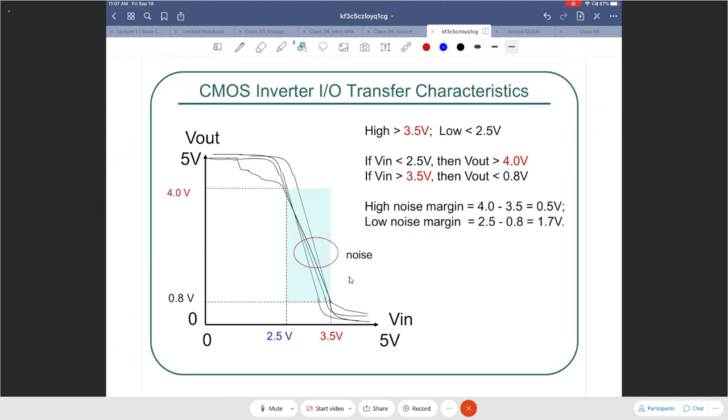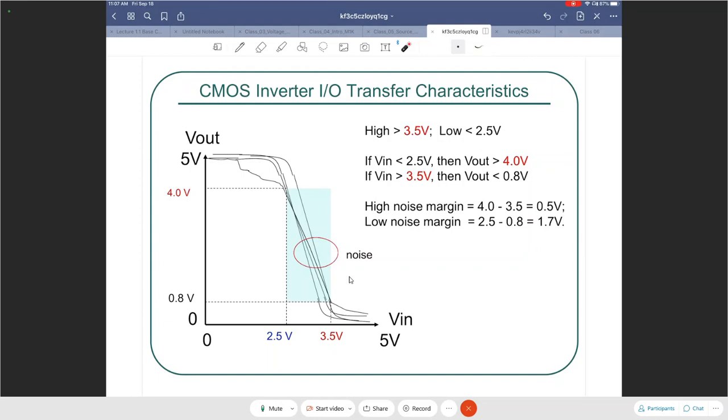applying this concept of noise margin to actually calculate a noise margin of a NOT gate. Now, this is a CMOS inverter or a NOT gate that is based off of CMOS technology. So essentially you have one NMOS transistor in the pull-down network, one PMOS transistor in the pull-up network, and we know how to construct that using transistors.